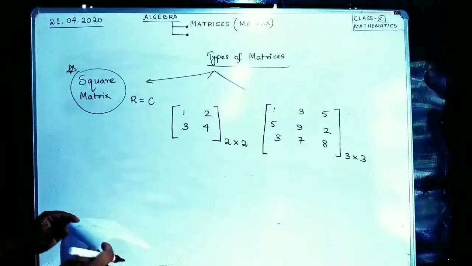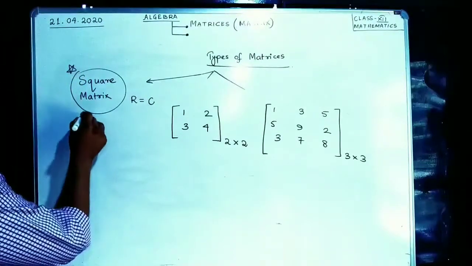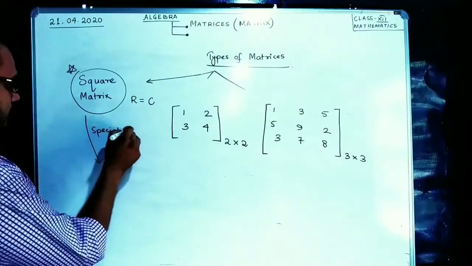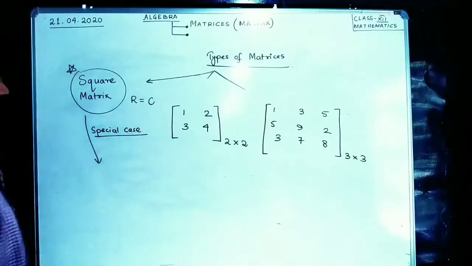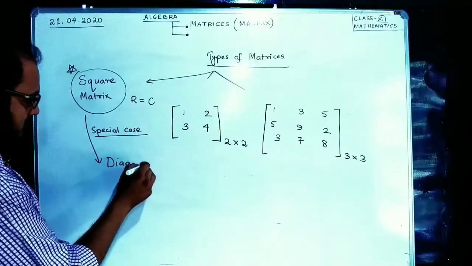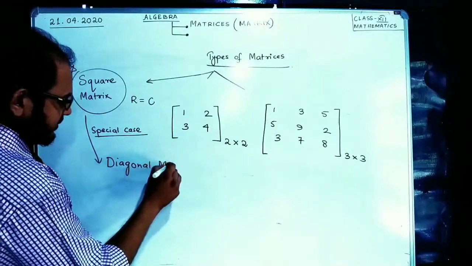We call it the first special case of a square matrix. We call this case a diagonal matrix.